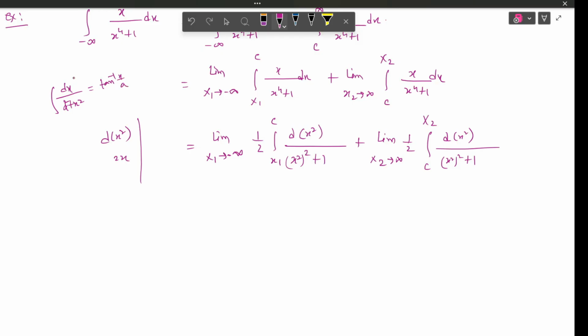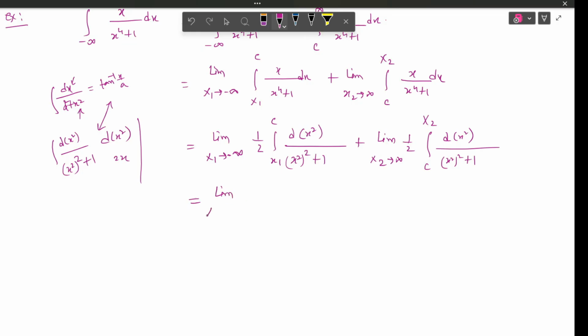So if you notice here, in place of x we have x square, so in the denominator in place of x we should have x square. So these two formulas are actually the same.